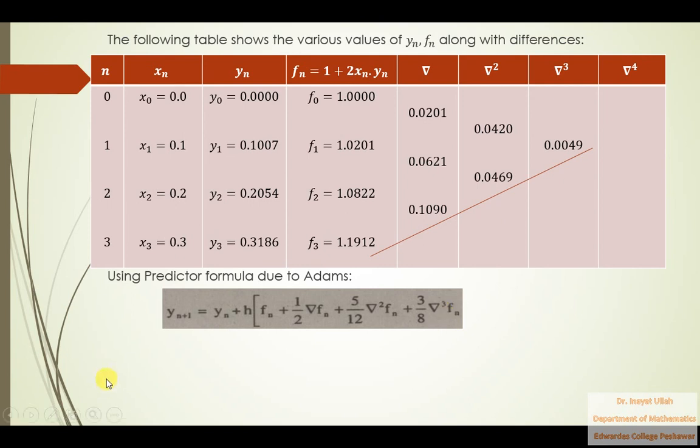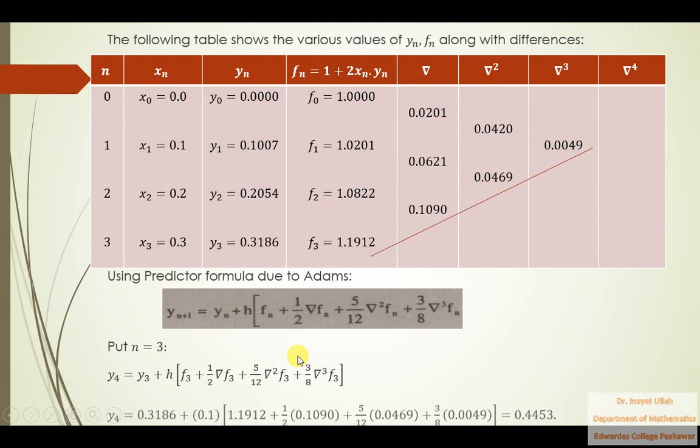Because we are going to find y4, y of 0.4, this y3 is actually y of 0.3. So the upcoming value of y will be y4, and y4 will be actually y of 0.4. So put n equal to 3 in this formula, we will get this equation. Whenever n is equal to 3, that will become y4, that will become y3, and these will become f3.